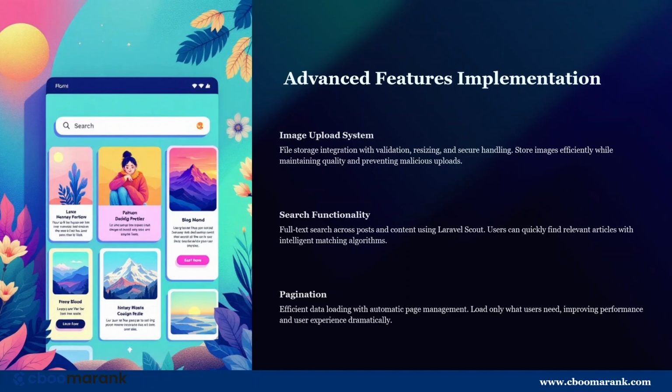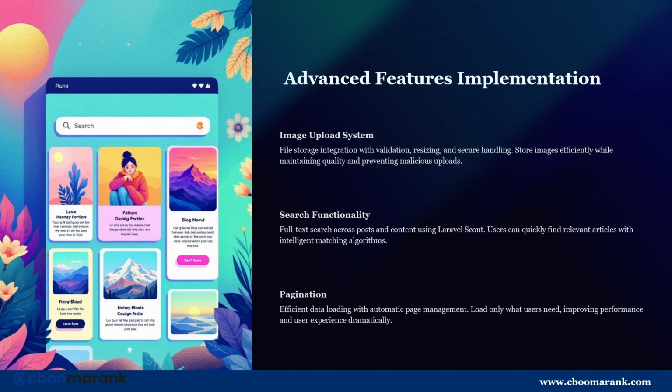So far, we have been working with a small amount of data, but real applications handle hundreds or thousands of records. So if we load everything at once, the app becomes slow, the UI becomes cluttered, and the user experience becomes poor.